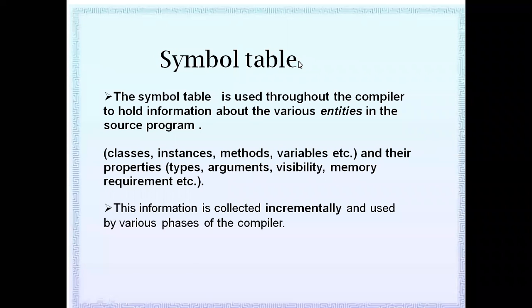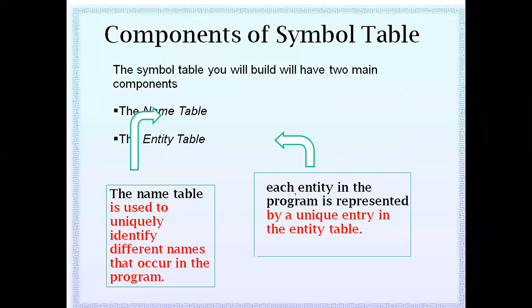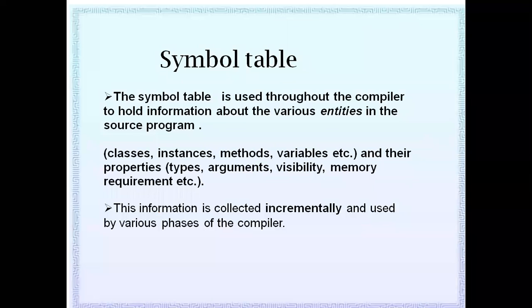And next, what are the components of the symbol table? I think you all understand the definition of the symbol table. The symbol table is a data structure used by the compiler to keep track of the semantics of the variables. Or it can also be defined as being used throughout the compiler to hold the information.